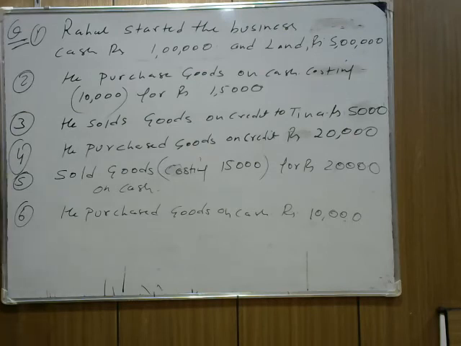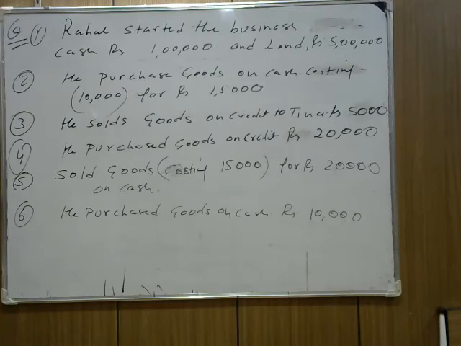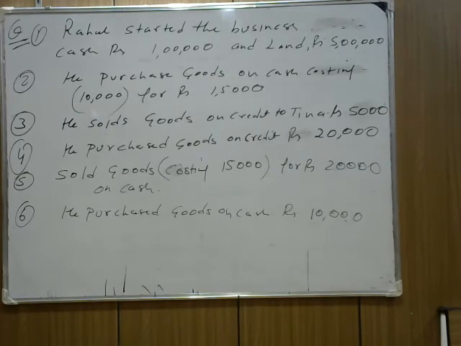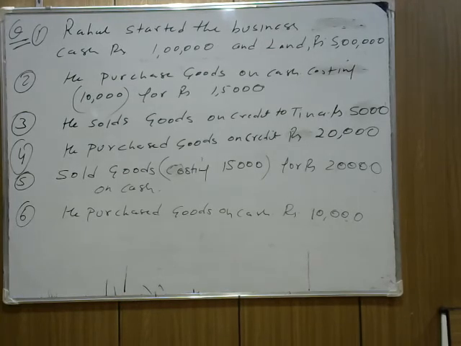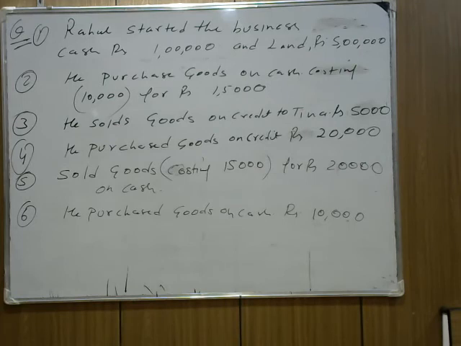Now this is the question which I am providing you. Note it down. The first transaction is Rahul started business with cash rupees 1 lakh and land rupees 5 lakh. He purchased goods costing 10,000 for rupees 15,000.